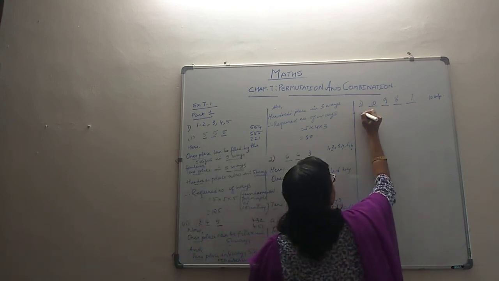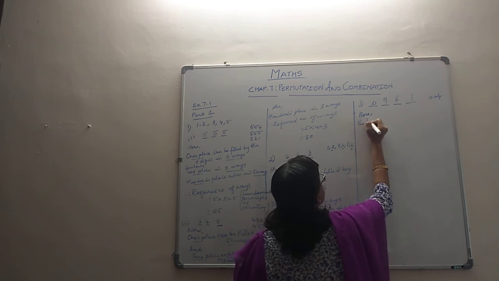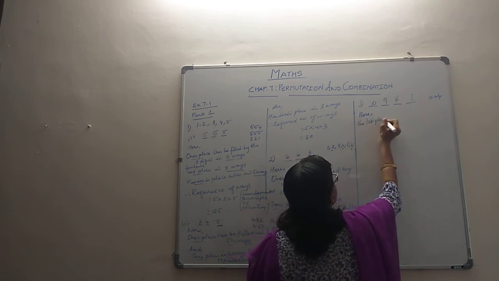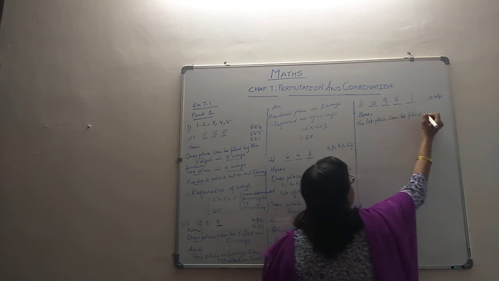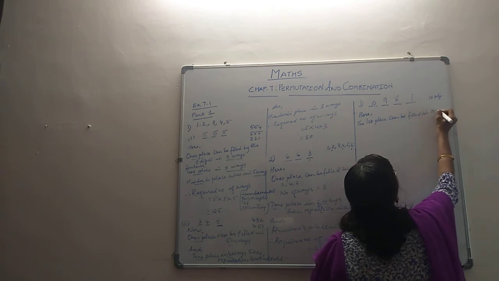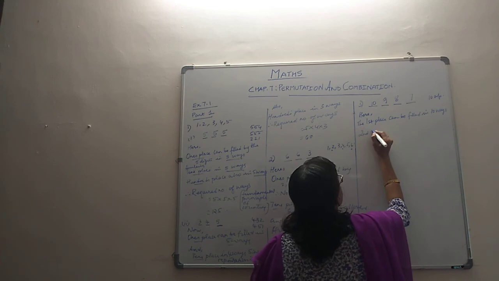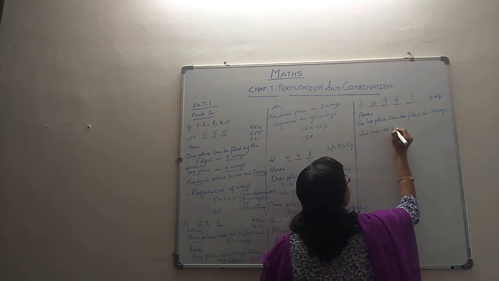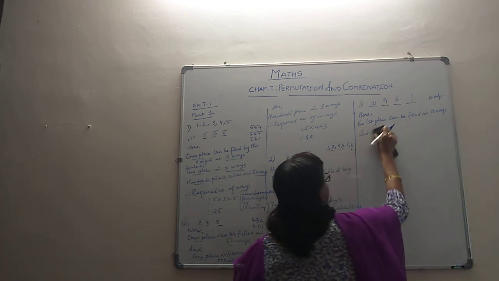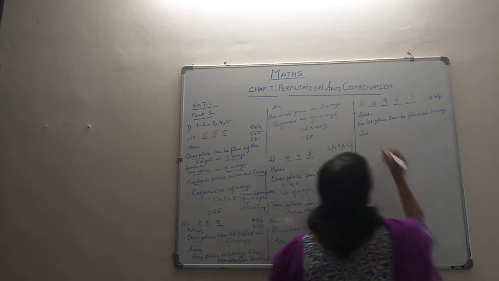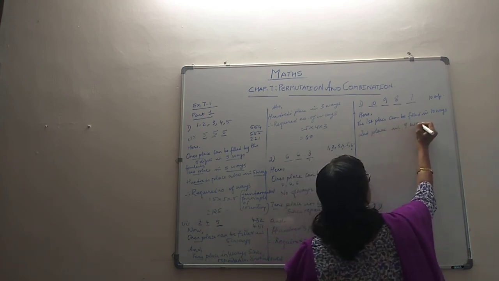Here the first place can be filled in 10 ways. Second place in 9 ways.